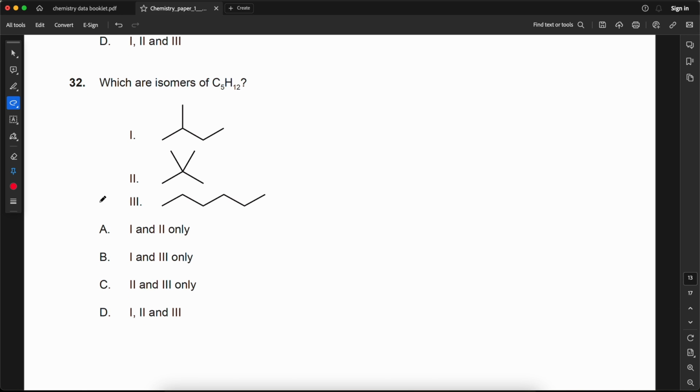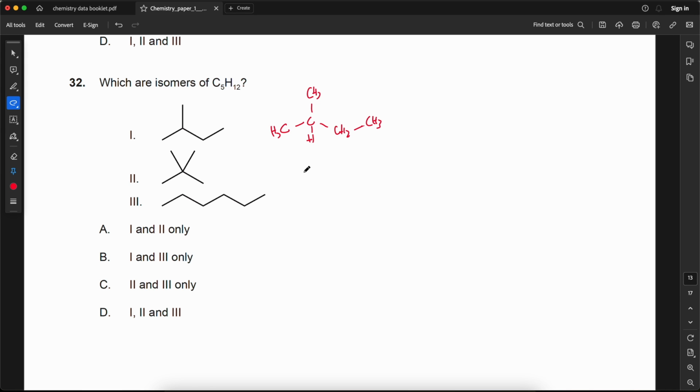Which are isomers of C5H12? Let's draw this one so it will make it more clear for you to see the number of C and H. So this will be CH3, this will be C, this will be CH3, this will be CH2, we have one H right here, and then this will be CH3.